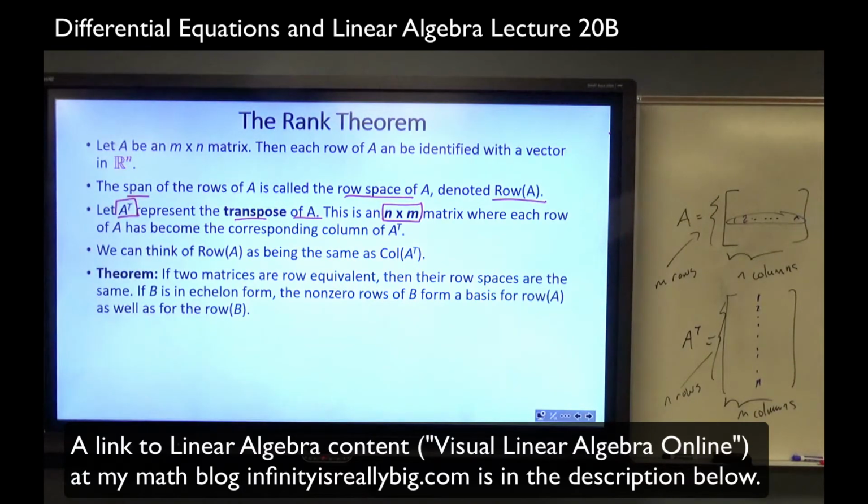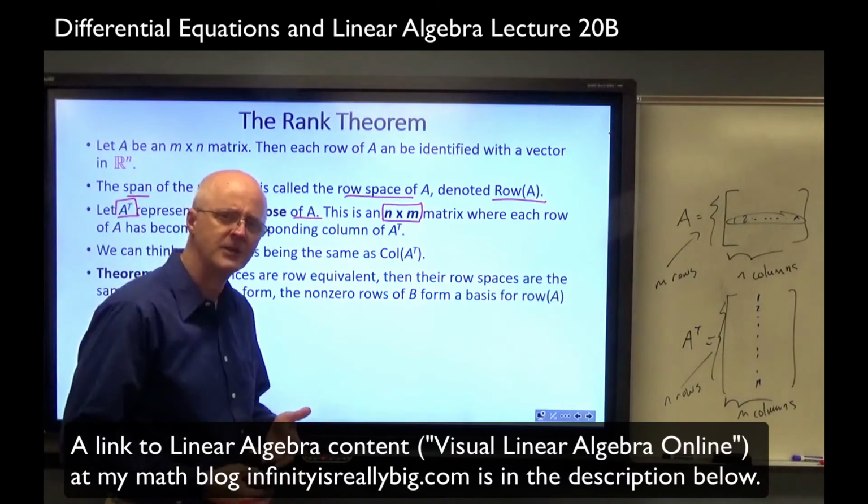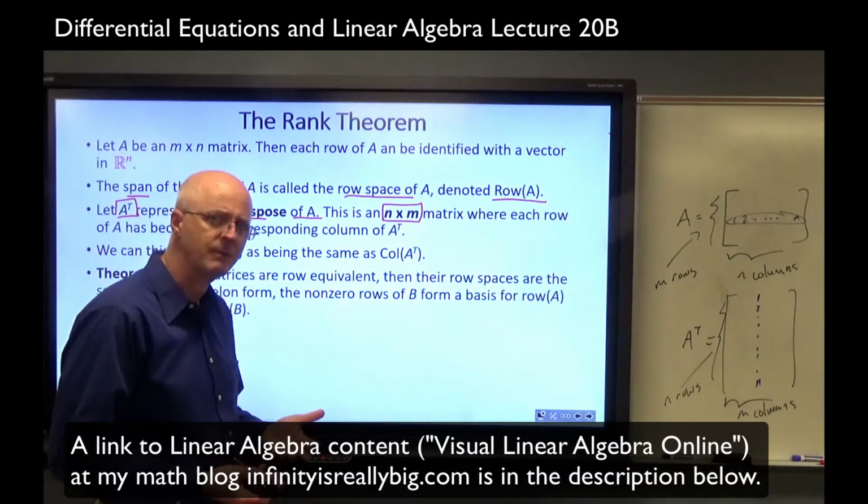Here's a theorem that is sometimes useful if we want to focus on finding a basis for the row space. If two matrices are row equivalent, in other words, you can get from one to the other by doing row operations, then their row spaces are the same. Okay, so row operations don't affect the row space.